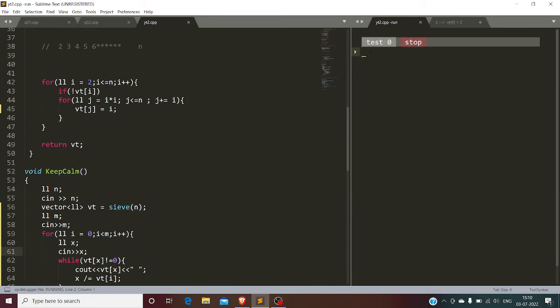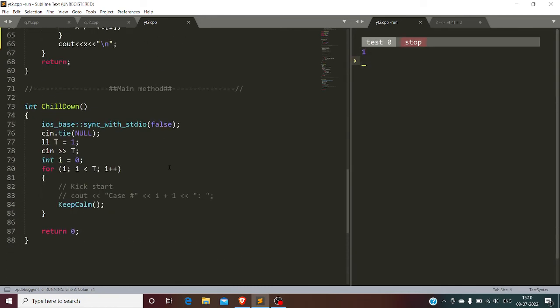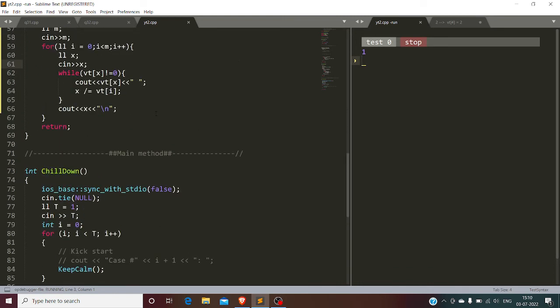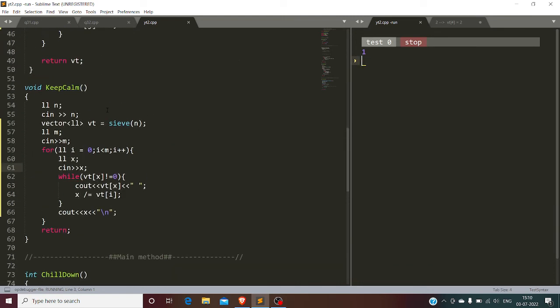What is the way to give input? One is for test cases, here it is t test cases, then n is the maximum range till where we need to count. So let's say I give it 20, then we are giving m integers to find their prime factorization. Let's say I give 5 integers.